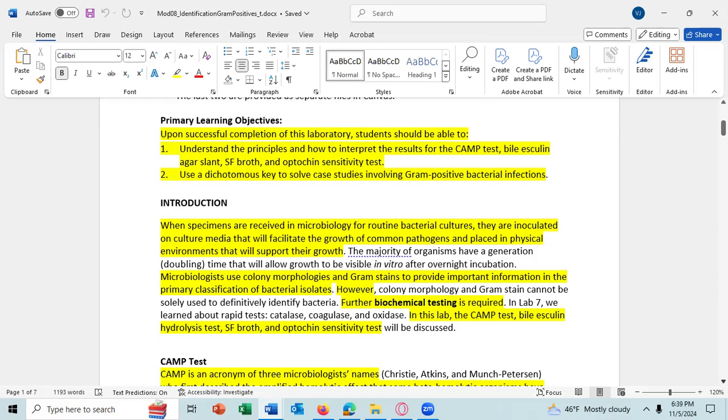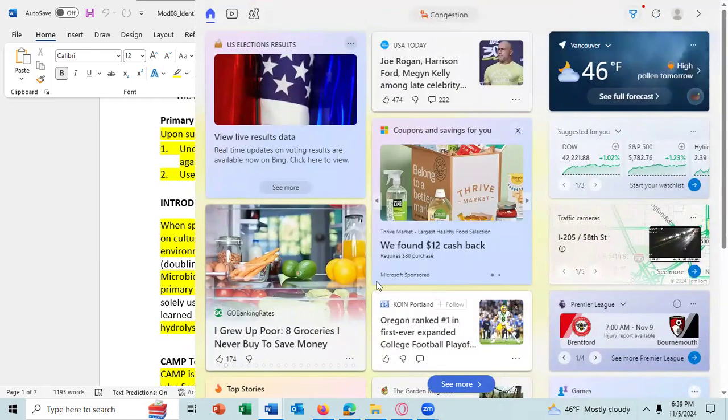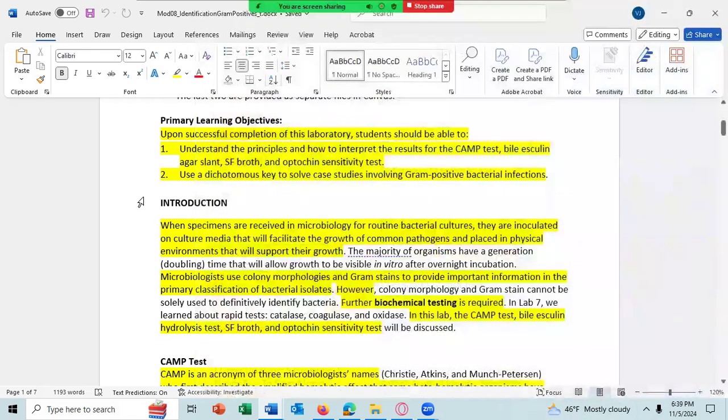All right. When specimens are received by a microbiology lab, for routine bacterial cultures, they're inoculated on a culture media that facilitate the growth of common pathogens and placed in physical environments that will support their growth, meaning we put them in an incubator.